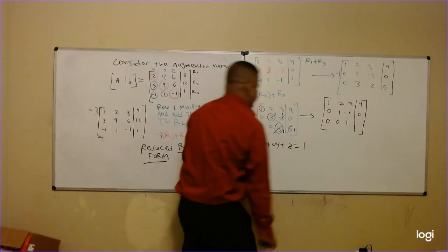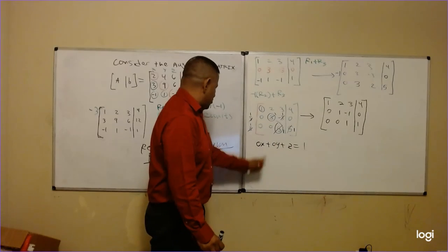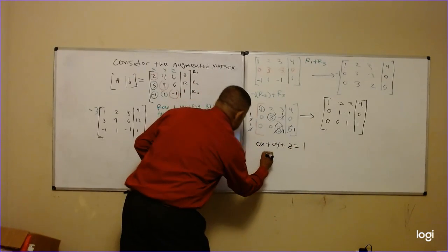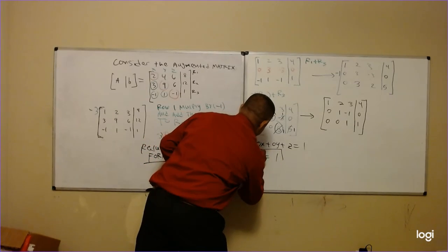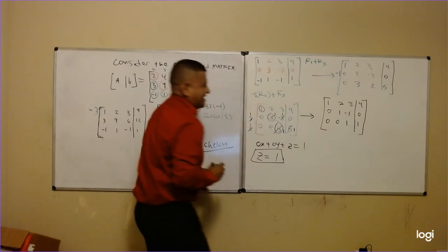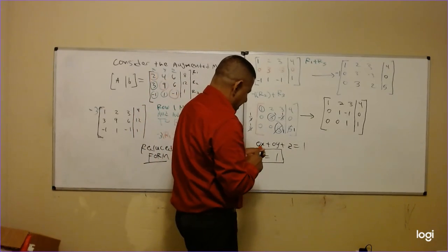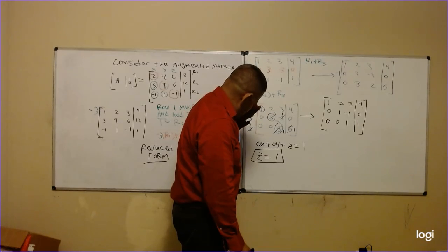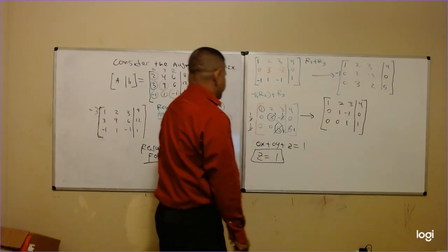So what is the value of the first solution? Well, this is 0, this is 0, and z is equal to 1. I said first equation, but I meant to say first solution. So z is equal to 1, right?